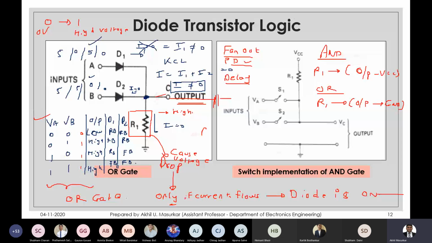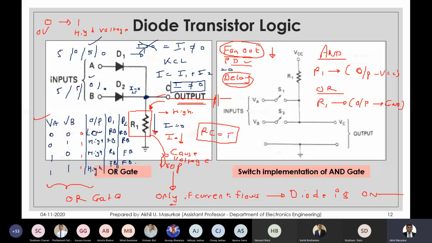So R into C will cause a time delay. So in that sense, the delay will increase. The fan out also depends on this. If the resistance value is high, then the current flowing through this is going to reduce, and if the current reduces, then the fan out also reduces.